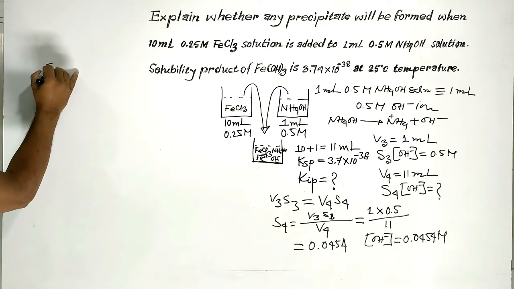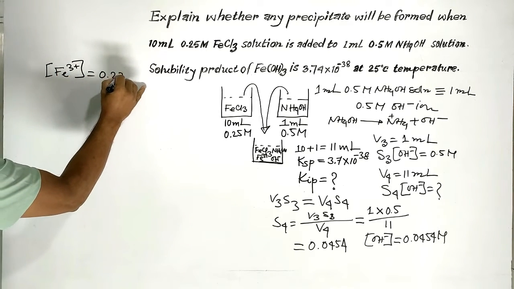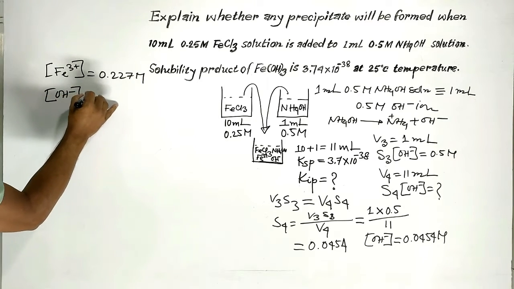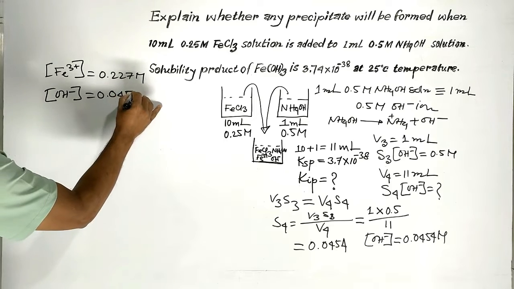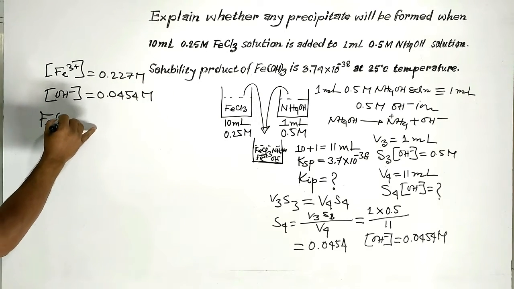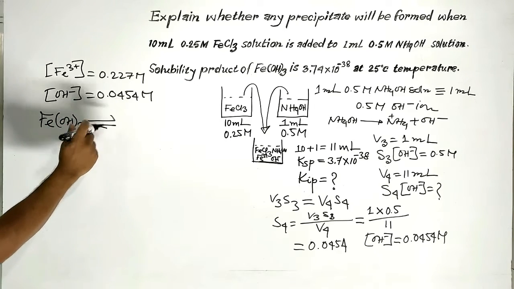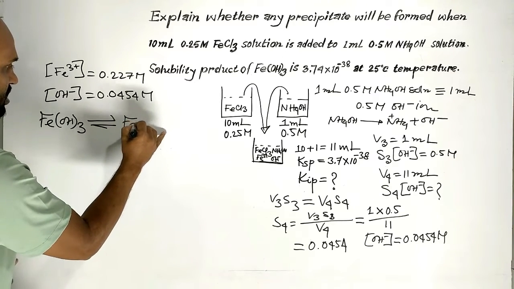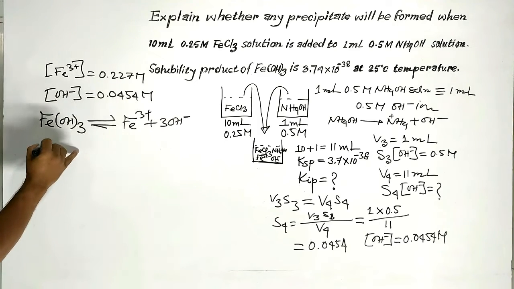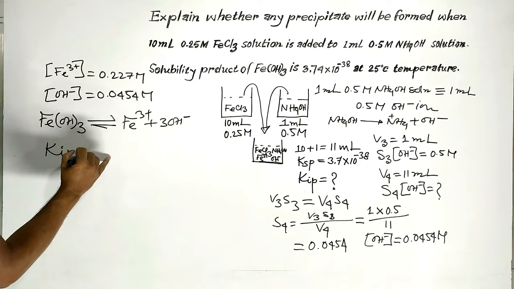Now let us try to find the ionic product of ferric hydroxide. We got the concentration of ferric ion as 0.227 molar and the concentration of hydroxide ion as 0.0454 molar. From this equation, ferric hydroxide establishes an equilibrium state with its ions, ferric ion and hydroxide ion. From this equation we can calculate the ionic product of ferric hydroxide.